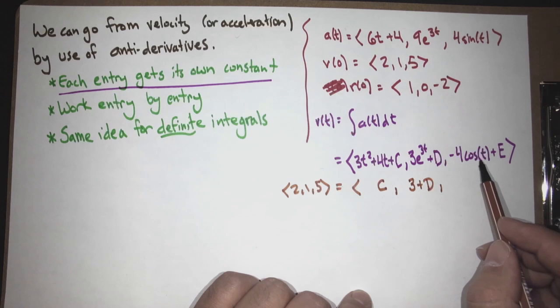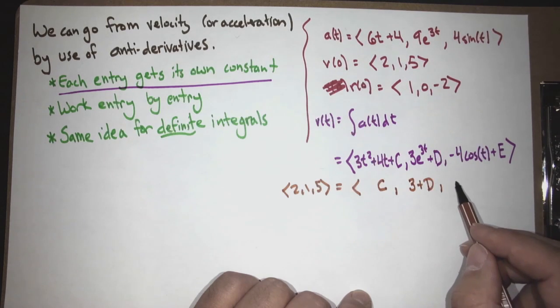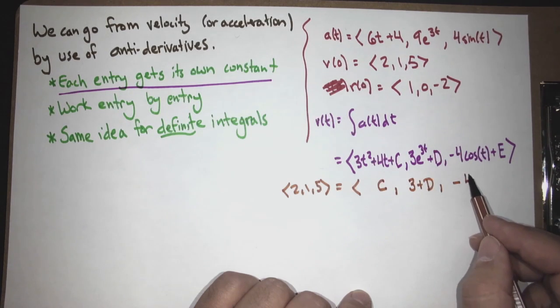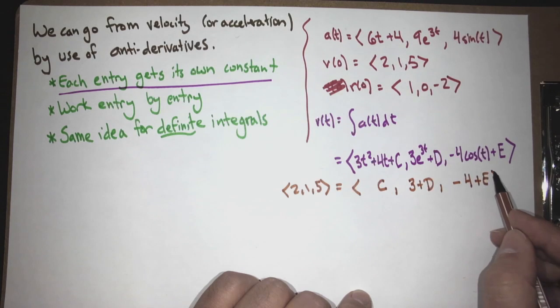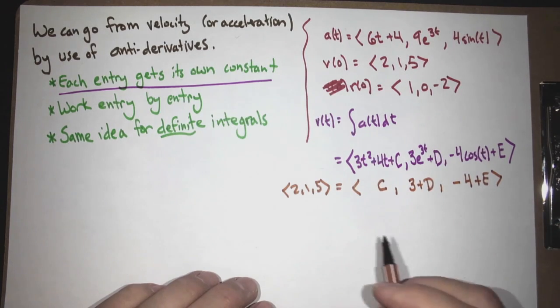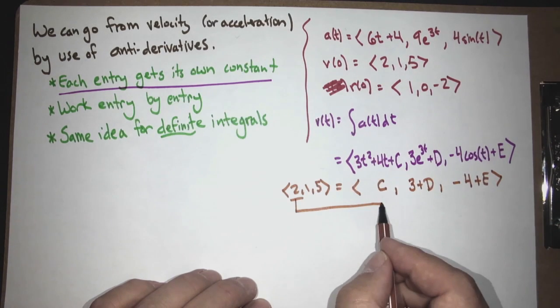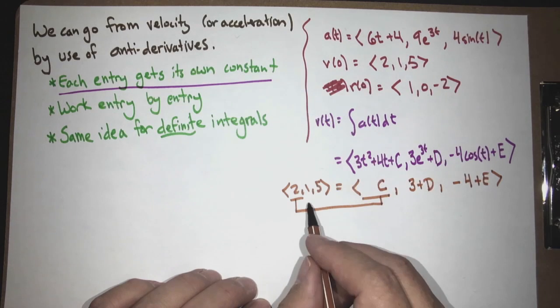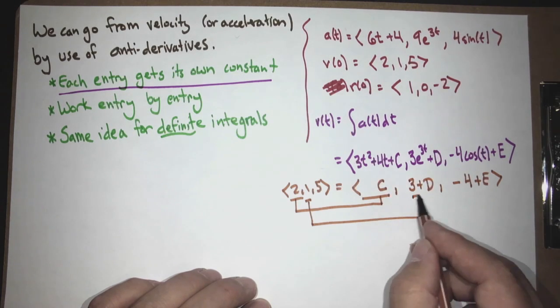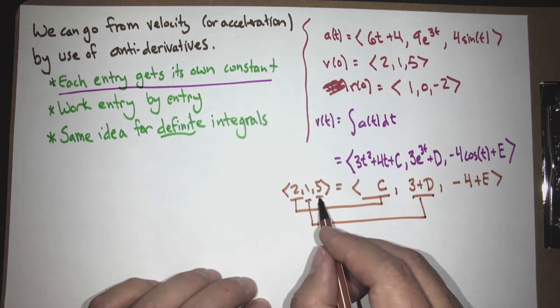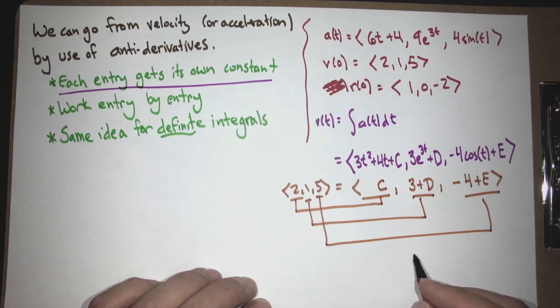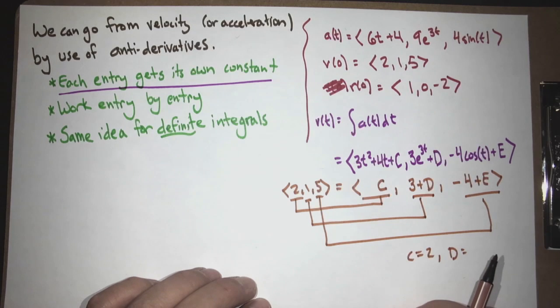Minus 4 cosine t plus e becomes minus 4 plus e, because cosine of 0 is 1. What is c? 2, right? Because we just match coefficients. c is 2. How about d? Minus 2. How about e? 9. Cool. So c is 2, d is minus 2, e is 9.